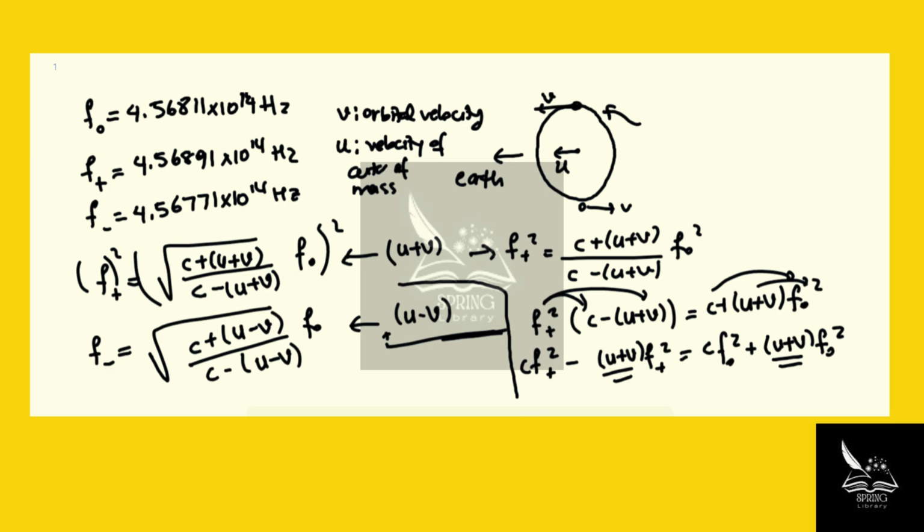Now let's group them, right? In order to do this, we're going to have to take this term to the left-hand side. So we're going to have C F plus squared minus C F naught squared equals U plus V for both. Then we have F naught squared plus F plus squared, right?